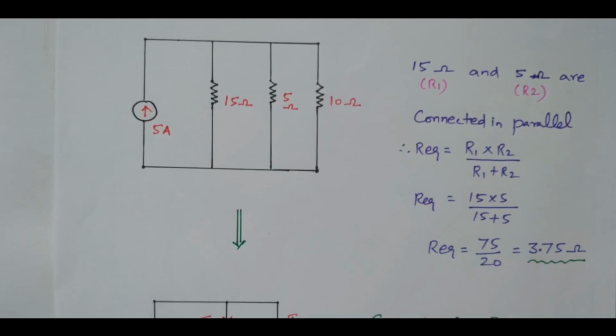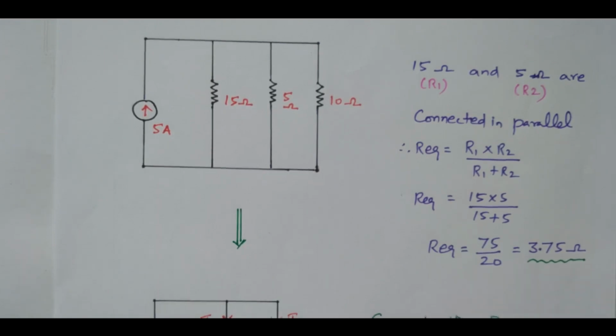R1 into R2 divided by R1 plus R2. So R1 is 15, R2 is 5: 15 into 5 divided by 15 plus 5. That is 75 divided by 20, 3.75 ohm. Right? So now these two resistors connected in parallel are converted into a single equivalent resistance, 3.75.